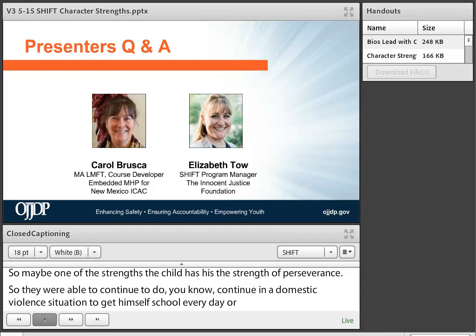So maybe perseverance, just for instance, that's what comes off the top of my head. But if they were able to persevere and survive the situation that they were in, a domestic violence situation, talk about how that takes some courage, that takes some perseverance, that takes some ability of hope that things are going to get better.